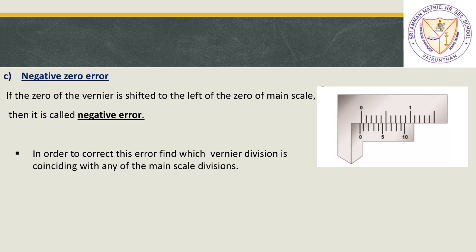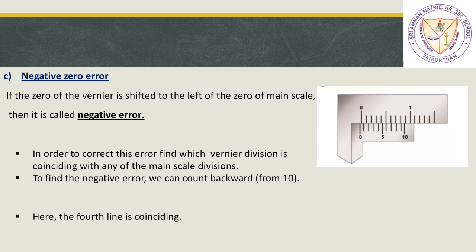Whenever you are calculating the negative error, you should be very careful. You have to count from backwards, that is from 10. So it will be 1, 2, 3, 4. When you are counting from 10, it will be 4. Keep in mind, you will be counting from 10, not from 0.